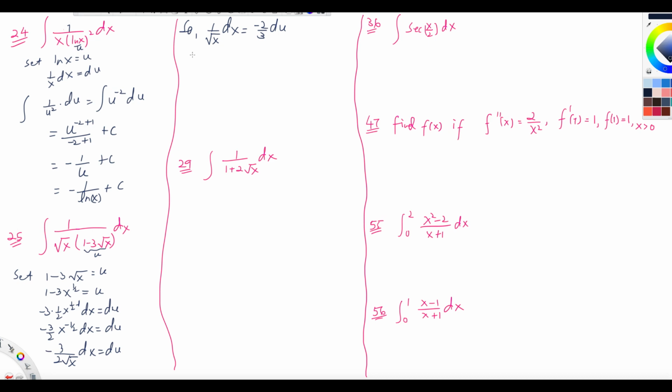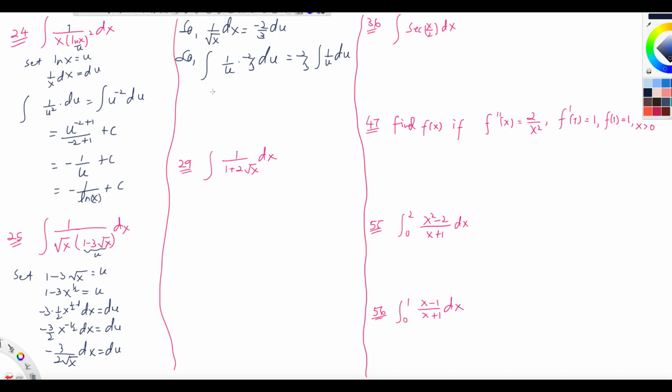So what does the integral look like? So the integral will be 1 over u times 1 over root x dx. 1 over root x dx will be negative 2/3 du. Okay, since this is a number, I can pull it out, negative 2/3, right? And the integral of 1 over u du.